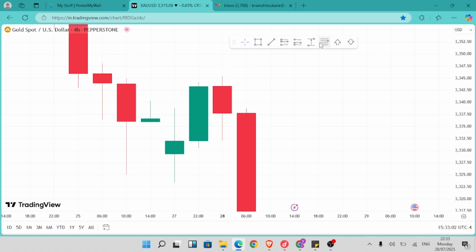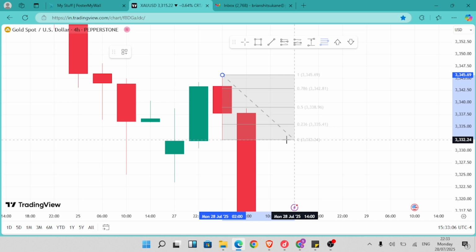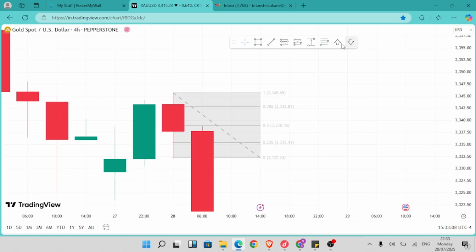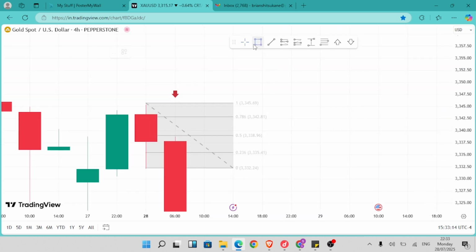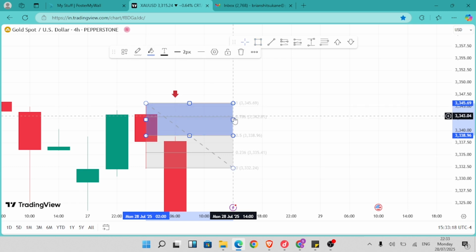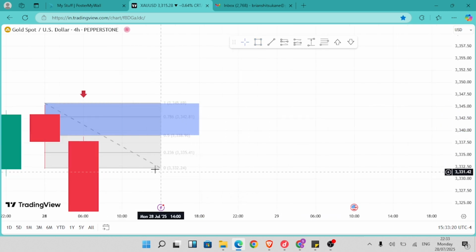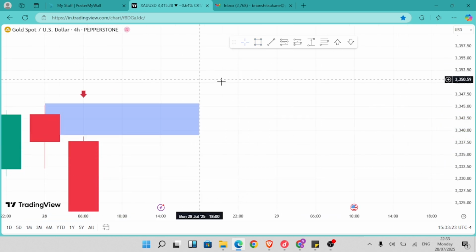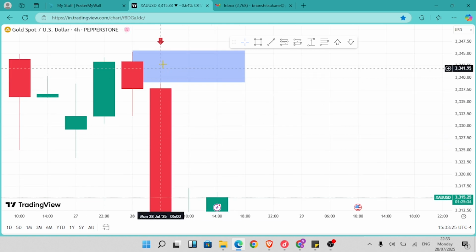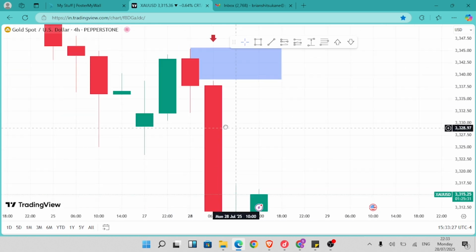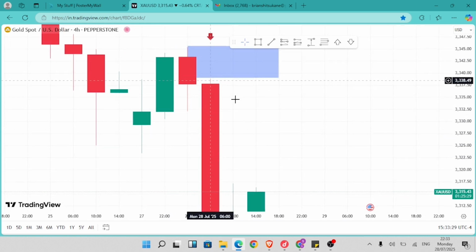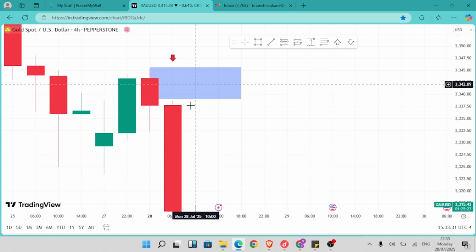So this candle gave us a dealing range like that, and then we were looking for setups on the next following candle as it is shown there. So we want to see something happen in the premium of this dealing range. You can see from looking at it, price never got back to the premium.